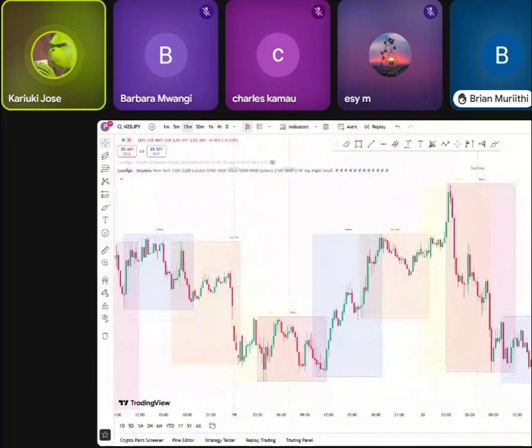Enda kwa indicators to search jina tu session. Kuna indicators mingi zinajiita session nini, uchague ya Lux Algo. So if there's no more questions, tunaweza patana kesho 9 PM.